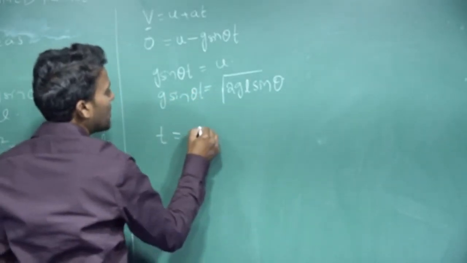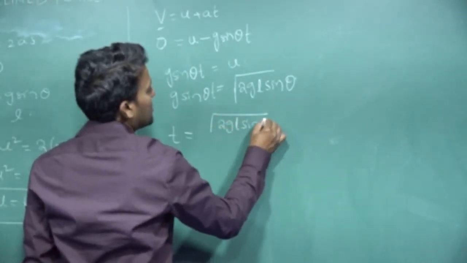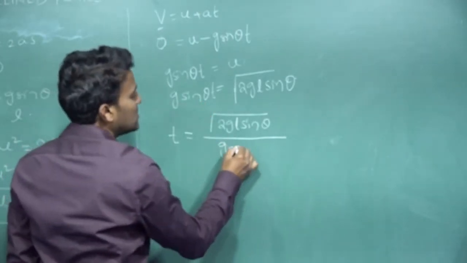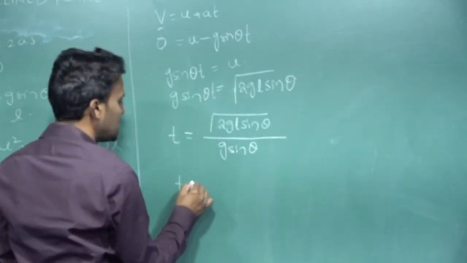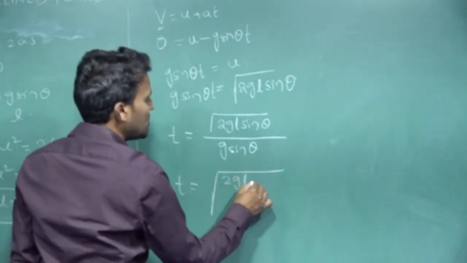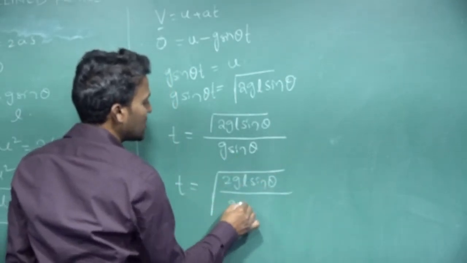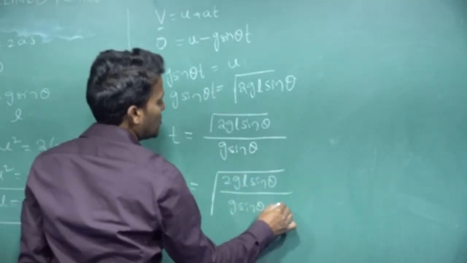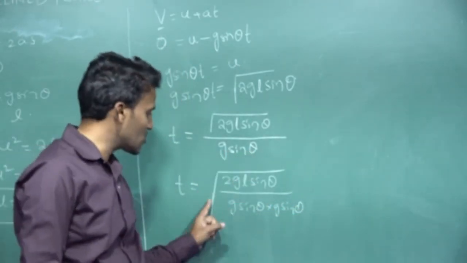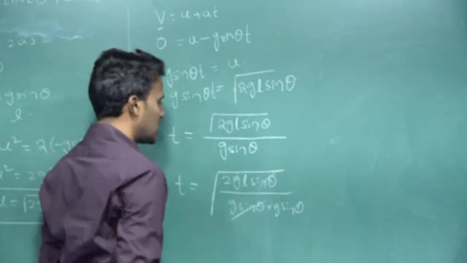T is equal to under root of 2gl sin theta whole divided by g sin theta. Writing g sin theta as a root g sin theta into root g sin theta, one g sin theta gets cancelled.